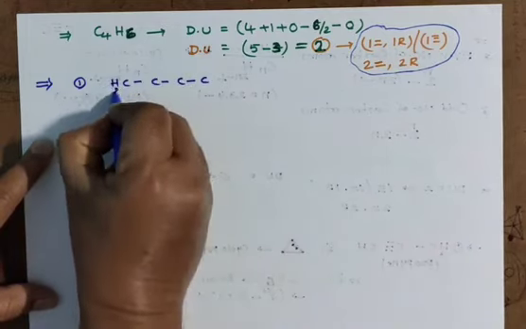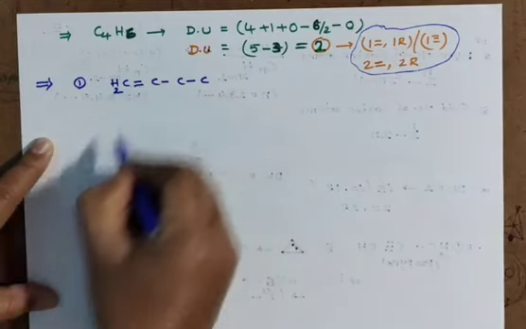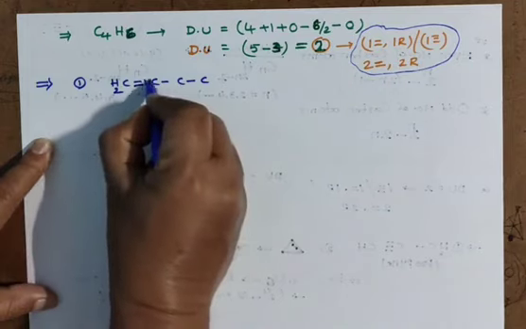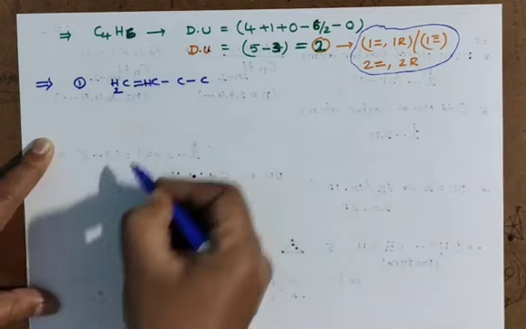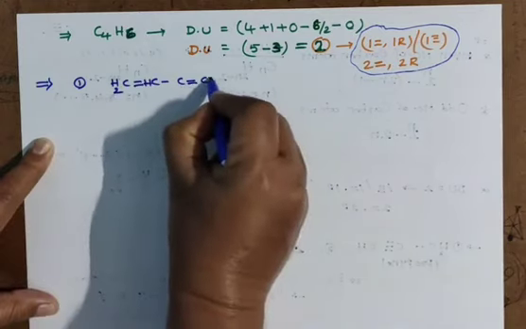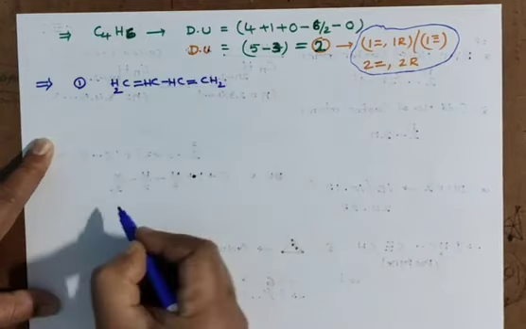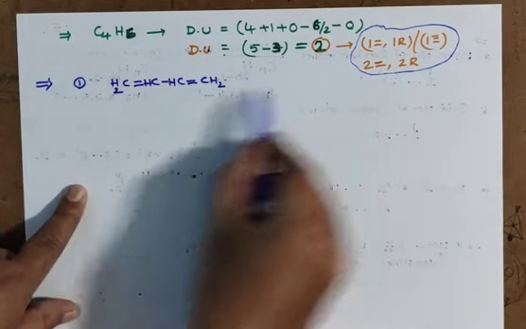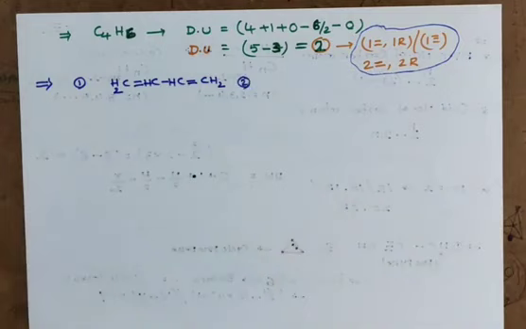Here I am taking CH2 double bond, and this is now 1, 2, 3 CH2 double bond, CH. Next here I am taking double bond, this is CH2 and this is CH. 2 double bonds are possible now here. So this is one compound.